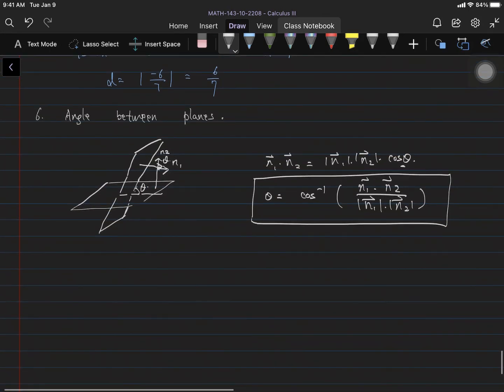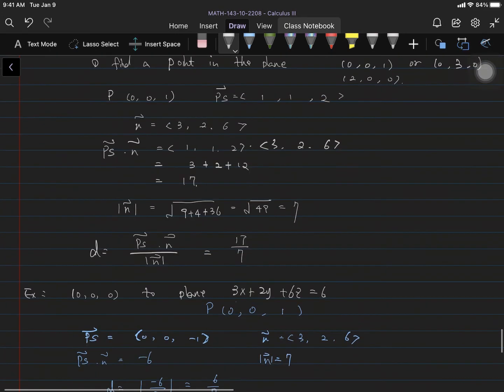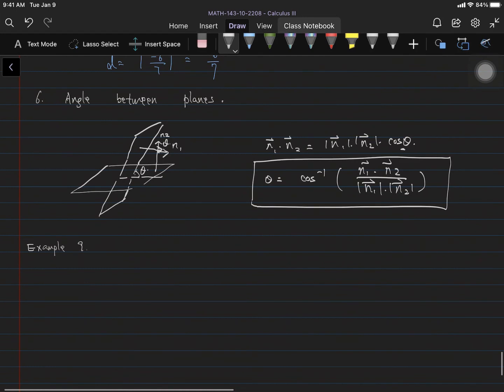Let's take a look at our last example in this section. Example 9. Find the angle between two planes given by this.